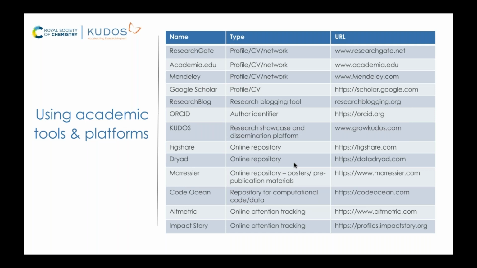And you'll see that they group into a number of different types of services, from profiling, some CV network sites, as already mentioned, ResearchGate, Academia, Mendeley, Google Scholar, through to blogging tools like Research Blog, specific dissemination tools like Kudos, and online repositories such as Figshare and Dryad, Mericier, specifically for academic posters, CodeOcean for computational code and data. And then there are tools you can use for tracking online attention in your work.